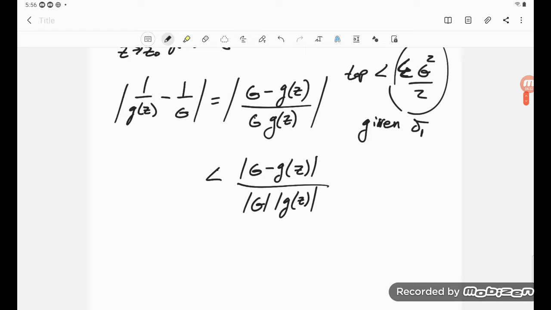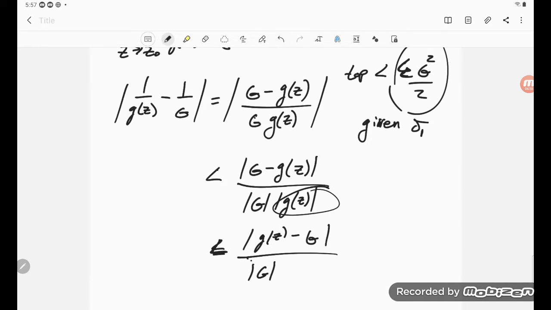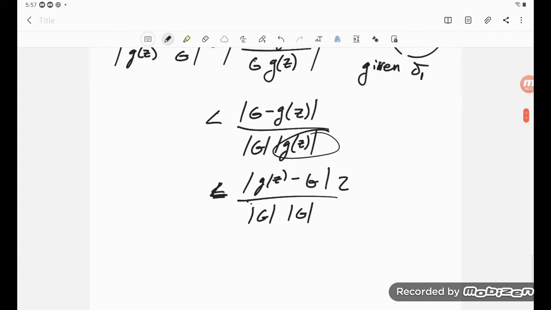And then what I can say from the previous video corollary is that this is less than or equal to, and I'm going to write it now as my g of z minus big G, because I just like the looks of that better, divided by that big G. And then I can, not less than or equal, but less than, this 1 over g of z, I can say is less than 2 over big G. That was from the previous video, that corollary.